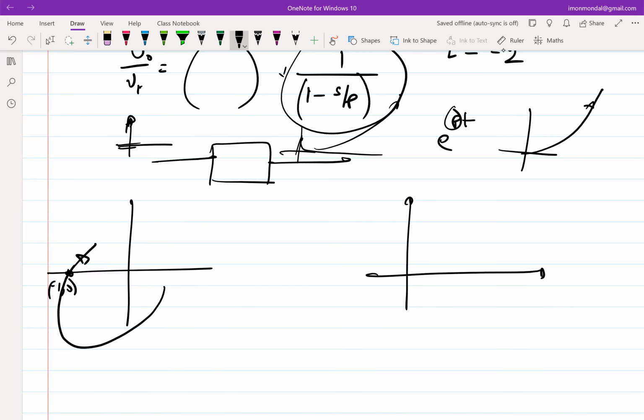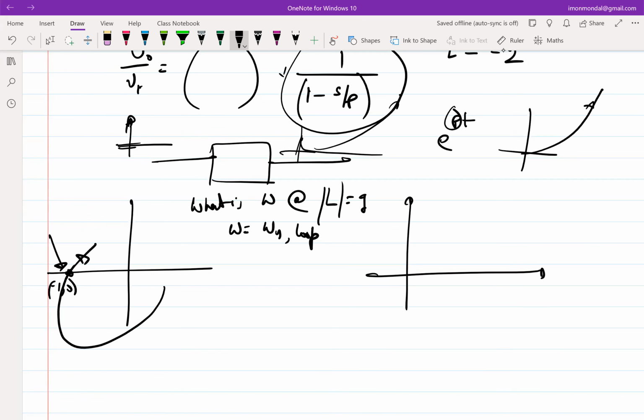Then what can you comment on the frequency at which it crosses the -1, 0 point? So what is omega at mod L equal to 1? Yeah, it's omega U loop. Excellent, right? So this omega is equal to omega U loop.